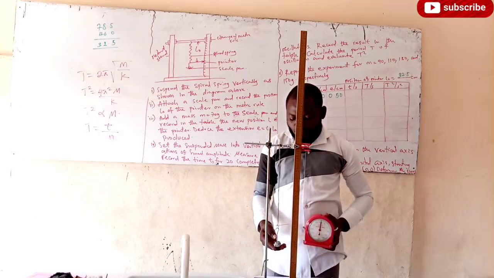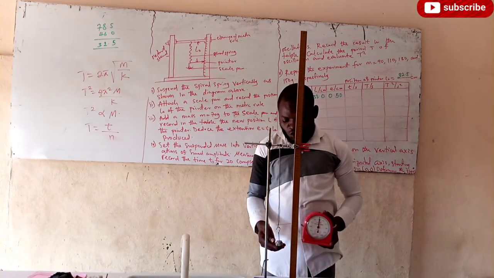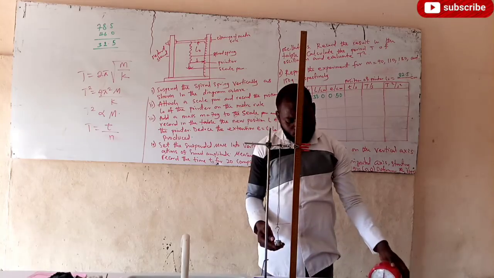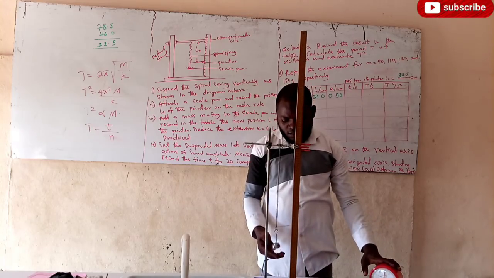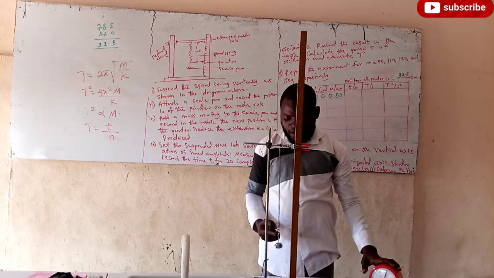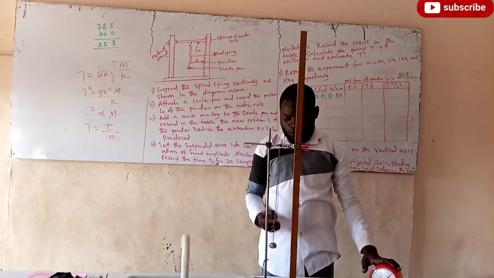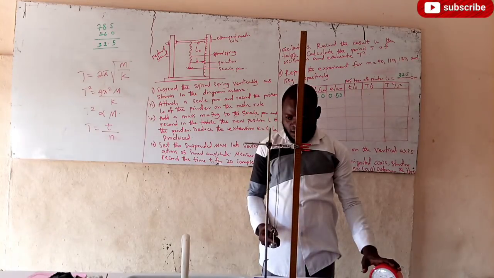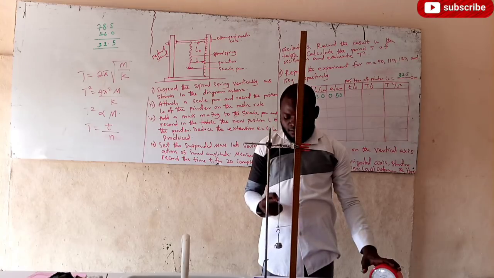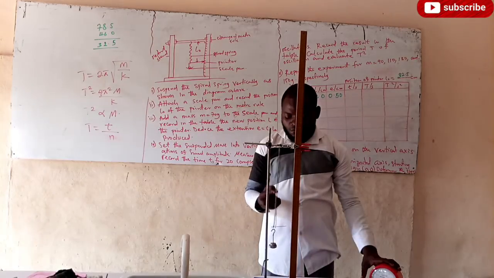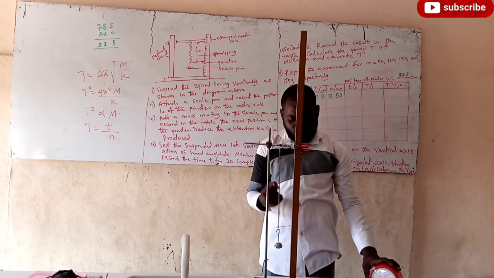Now watch the way I'm going to count. 1, 2, 3. 1, 2, 3, 4, 5, 6, 7, 8, 9, 10, 11, 12, 13, 14, 15, 16, 17, 18, 19, 20.